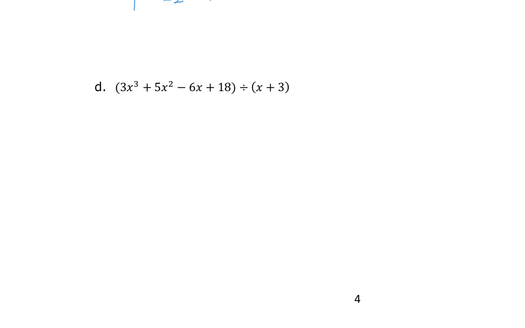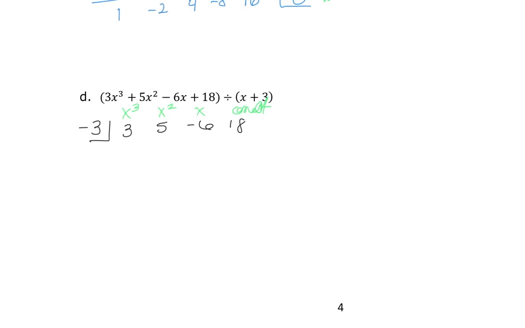If we take a look at our next example here, I'm going to do a negative 3 out front. I have 3, 5, negative 6, and 18. X to the 3rd, x squared, x, my constant. 3 drops. This negative 3 times that 3 gives me negative 9.